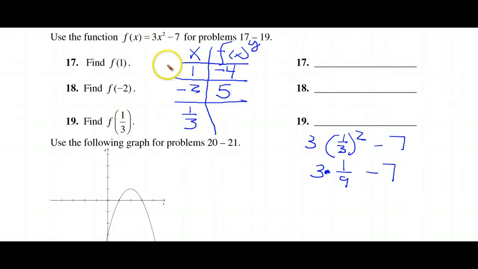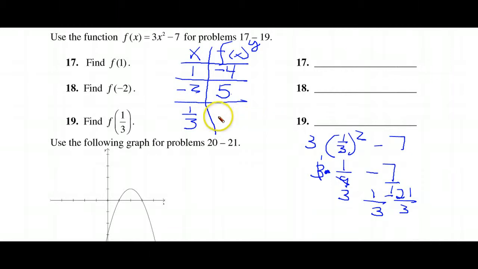So 1/3 squared is 1/9. Now 3 goes into there once, this goes into there 3 times. So I have here 1/3 minus 7. Well, in order to do that subtraction, I have to convert this to something in thirds, which is -21/3.